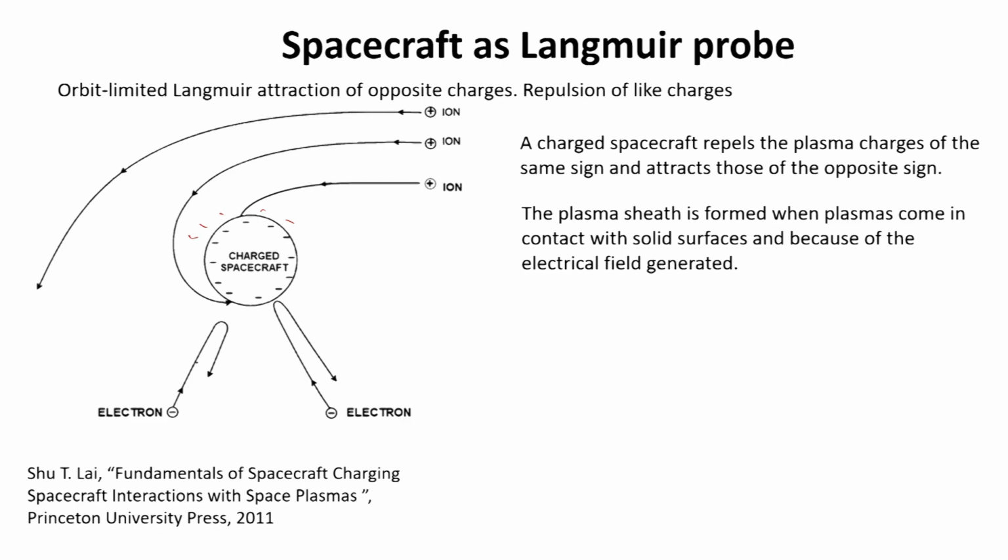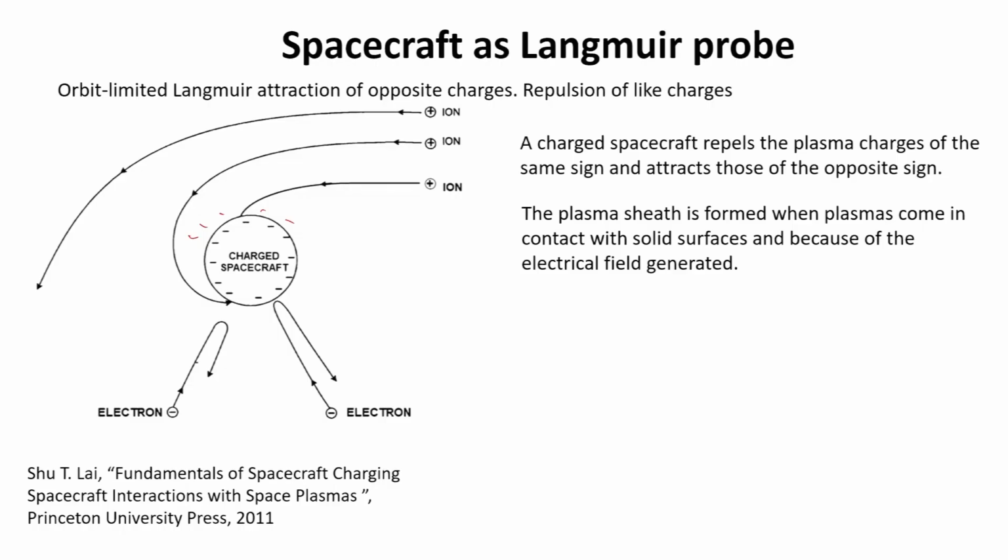You can consider a sphere surrounding the spacecraft within which the medium is non-neutral, and outside it the plasma is neutral, where we take the reference for the potential, phi equal to 0.